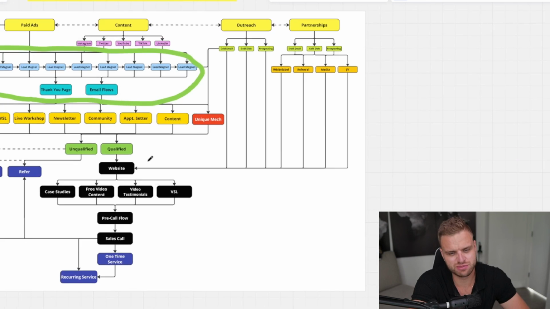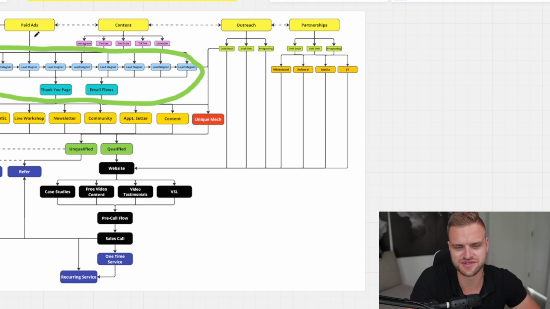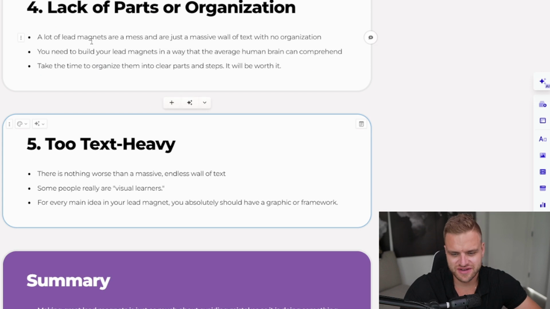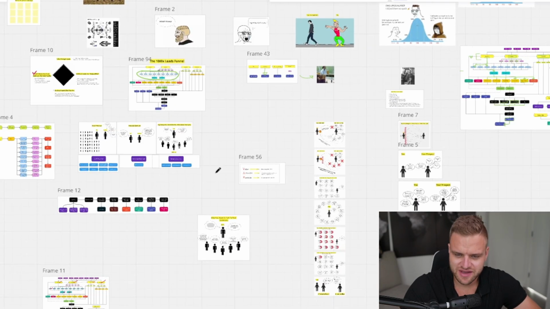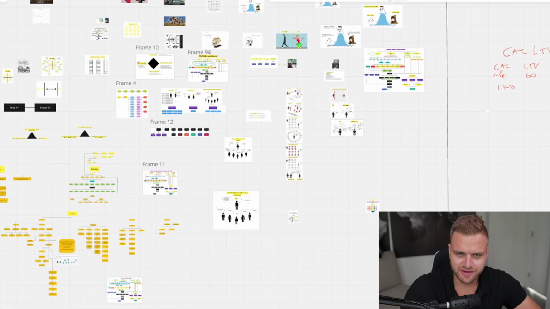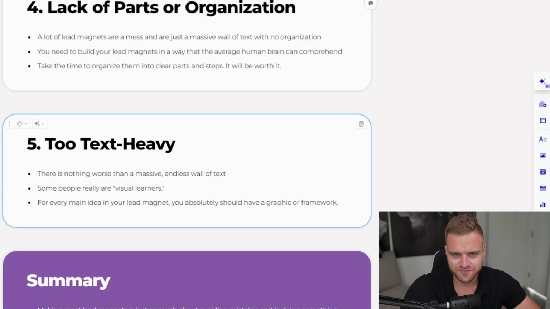Imagine trying to explain this funnel just with text instead of seeing it and how it all flows together. No matter how good you are at explaining it, it's very difficult to do. So for every main idea in your lead magnet, you should absolutely have a graphic or framework, and just trying to make them in Miro board and getting better and better over time is the best way to do that.